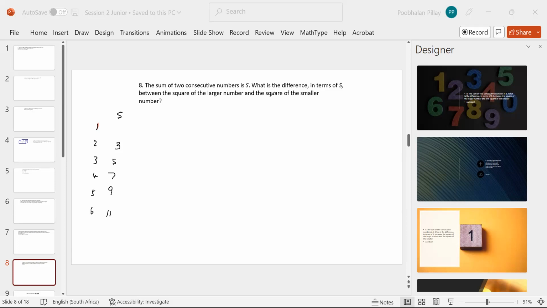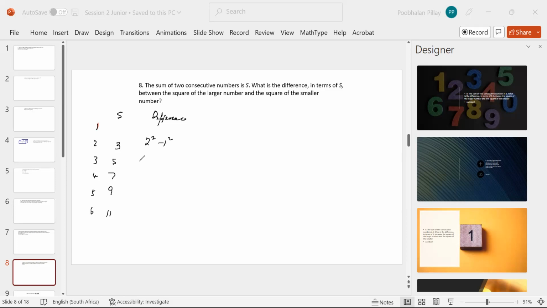Now, the question is, what is the difference between the square of the larger number minus the square of the smaller number? So let's work out the difference. For 1 and 2, it'll be 2 squared, the square of the larger number, minus the square of the smaller number.